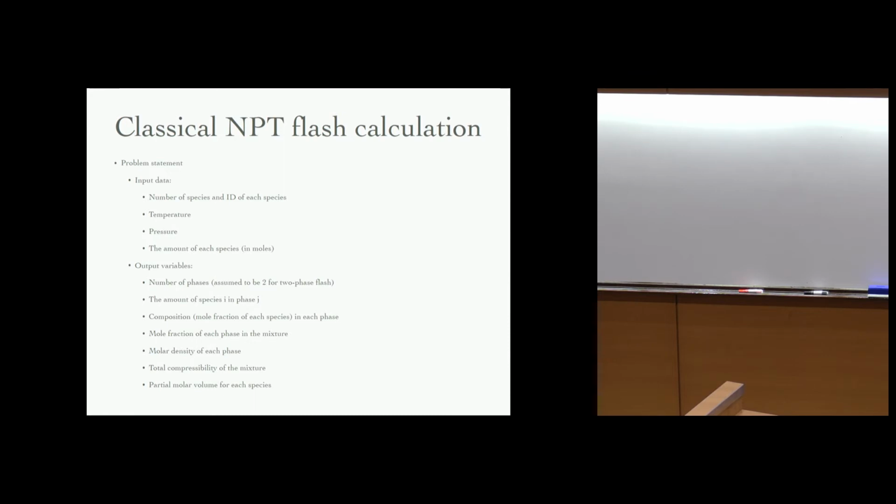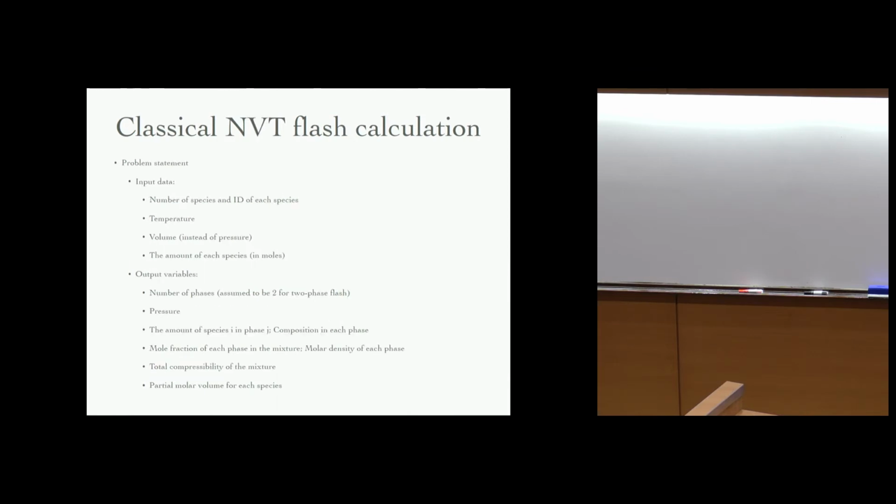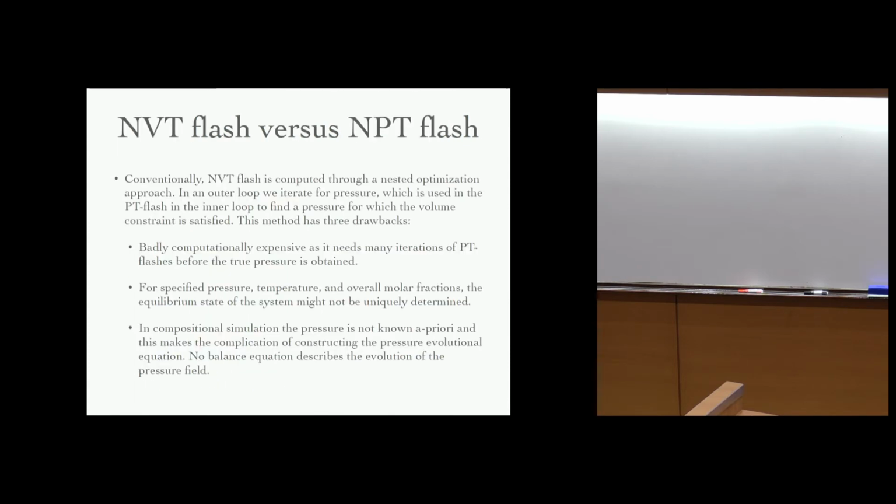So the input will be like an NPT. We give, say, the temperature, pressure, and the amount of each species, and then we compute the splitting of the phases for each component and other volumetric and solubility properties. Similarly, for NVT we give temperature and volume instead of temperature and pressure, but we still give the amount of each species to compute the other important splitting properties.